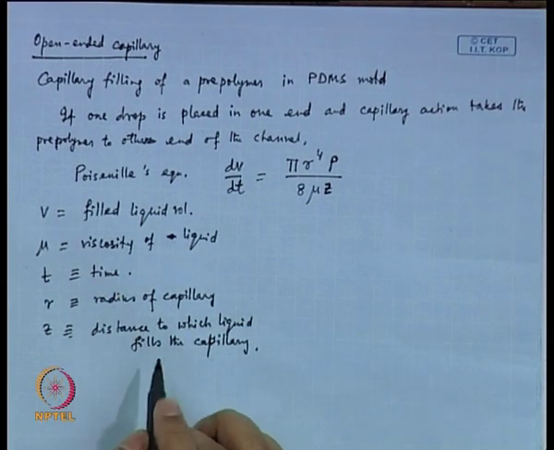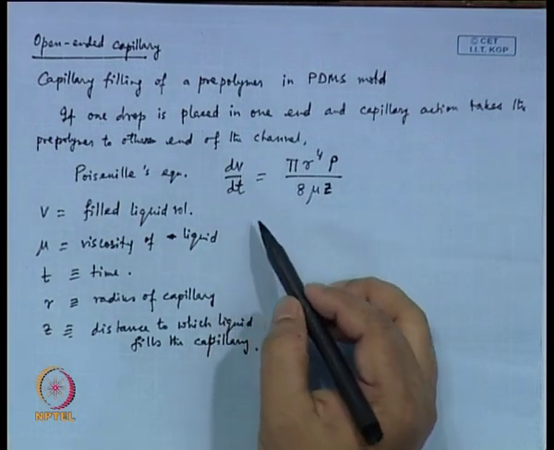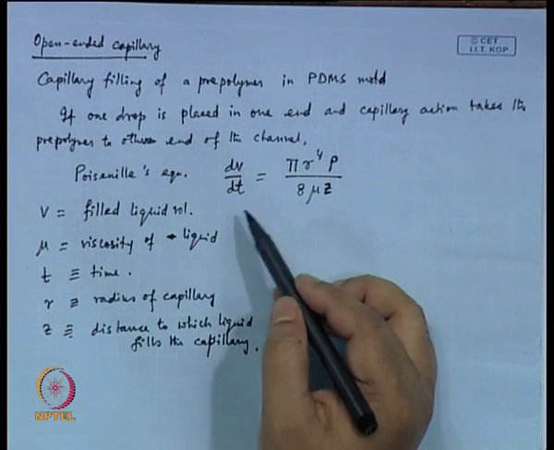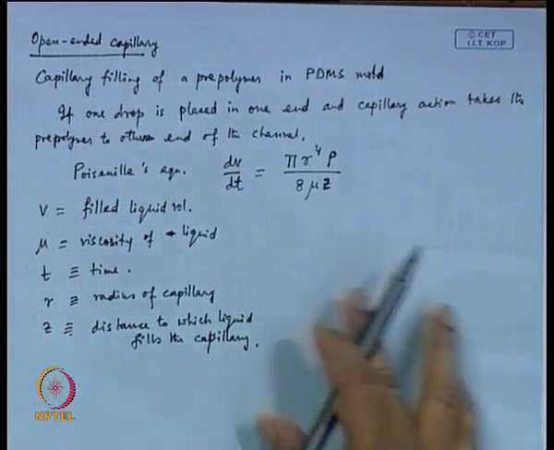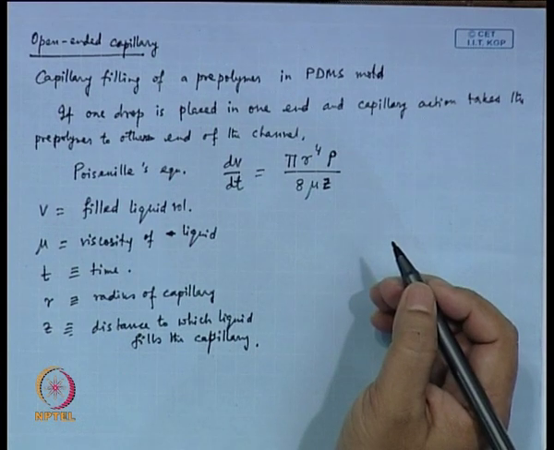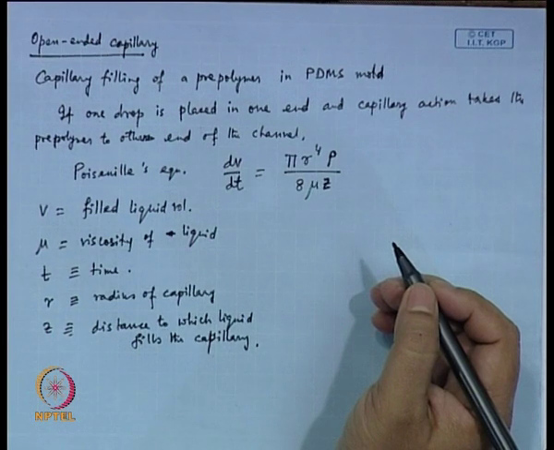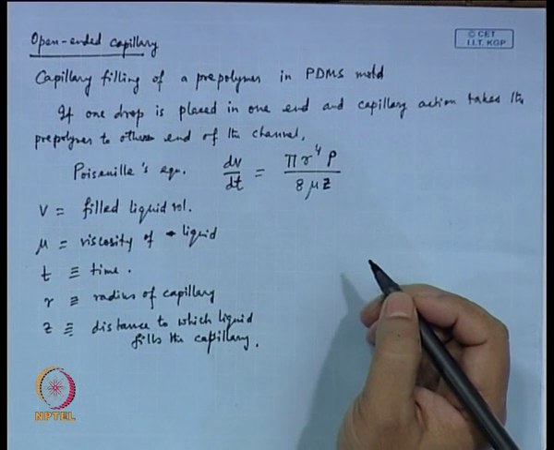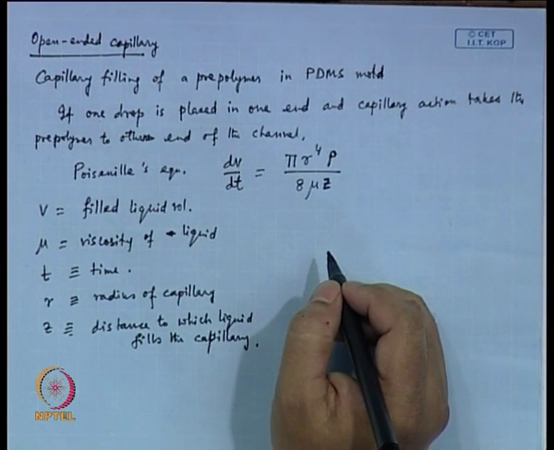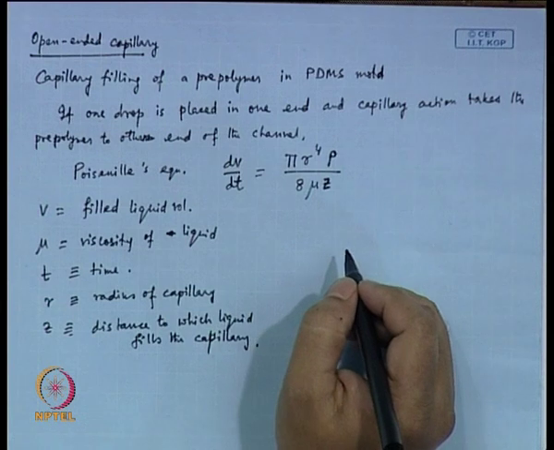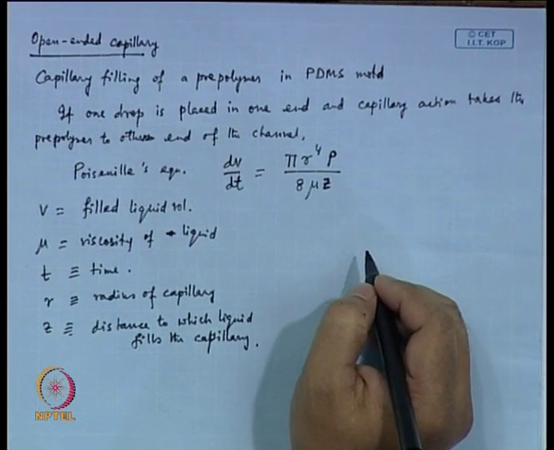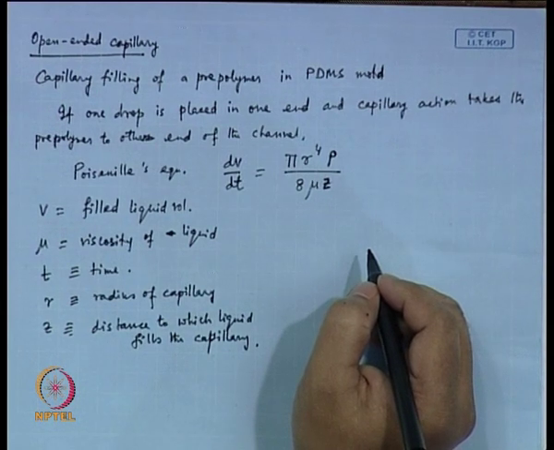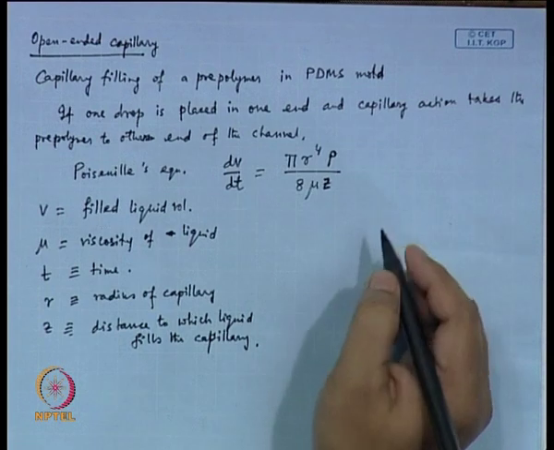So, if these are the terms, then using Poiseuille's equation, the rate of change of filled liquid volume dV/dt is this quantity, and on top of this I think this should be P, right?